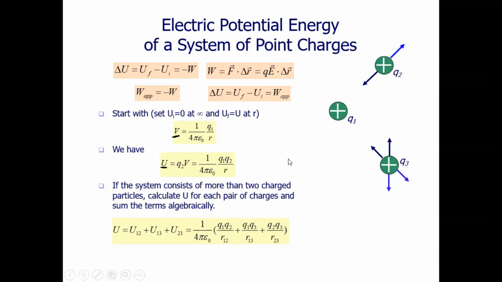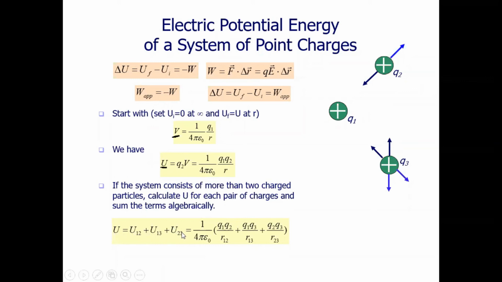You have this potential energy here. But you also have the potential energy of charge 3 due to charge 2, that you can denote as this. So the total potential energy is just U12 plus U13 plus U23.